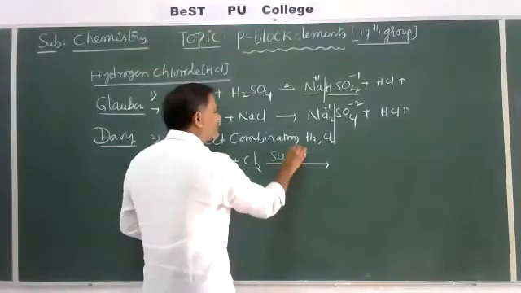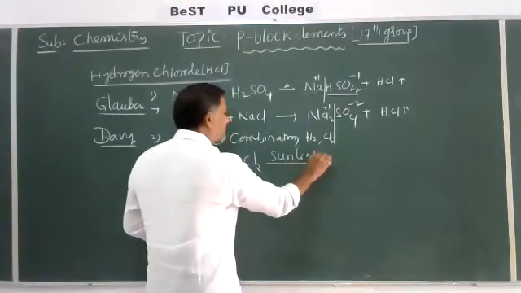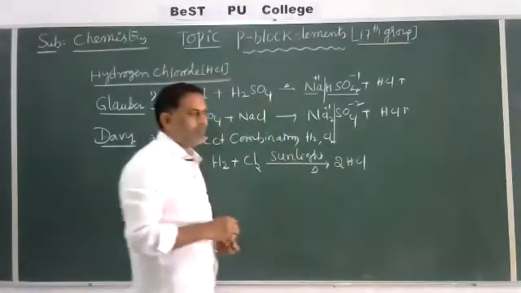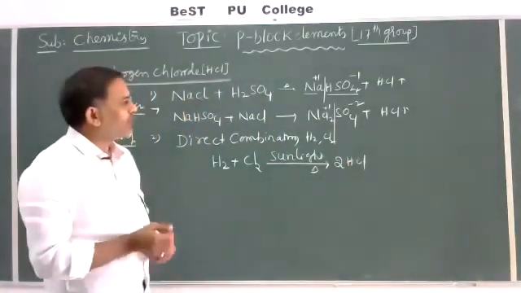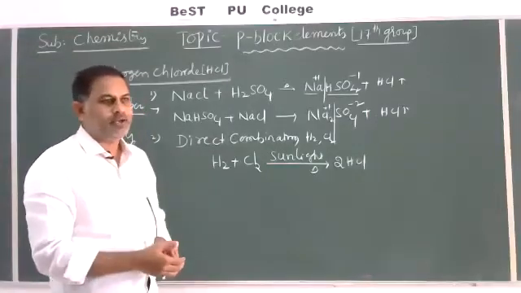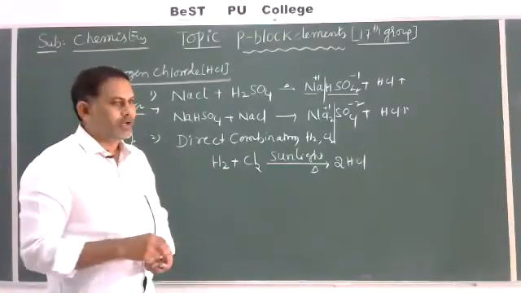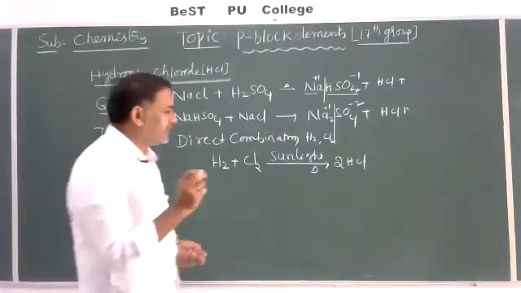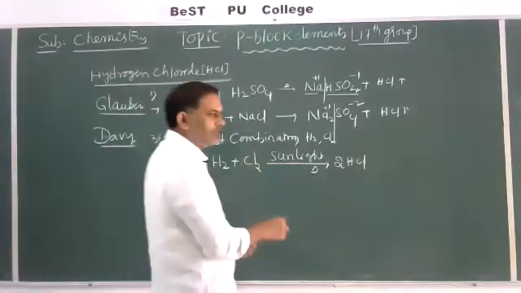In the presence of sunlight, it gives hydrogen chloride, HCl. The obtained gaseous hydrogen chloride can be condensed into a liquid, and also into a solid, based on temperature.